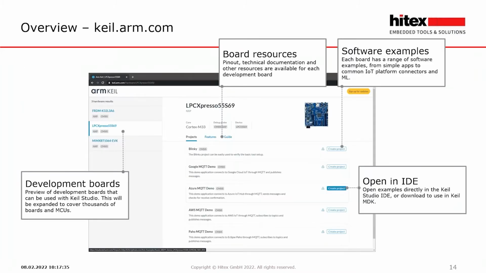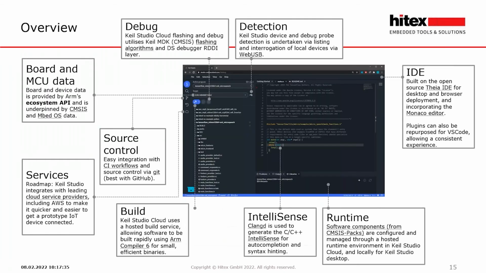Initially, we can select the evaluation boards from a particular manufacturer that we want to work with. This will show you all the available examples, the support that's available for the board, its data sheet, etc. And then from there, we can jump directly into the IDE to start building and using the project.